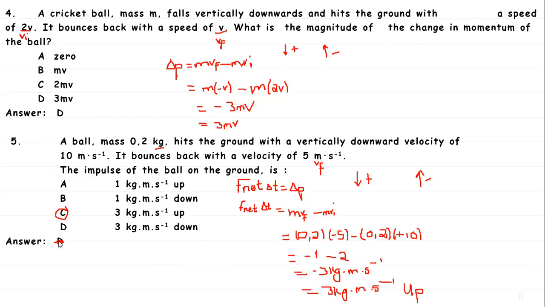So that one is just a typo. We can see we are getting 0.2 times -5, it's -1. -0.2 multiplied by +10 is -2. So that gives me -3 kilograms dot meter per second. So that must be 3 kilograms dot meter per second, and according to us, the negative means upwards.